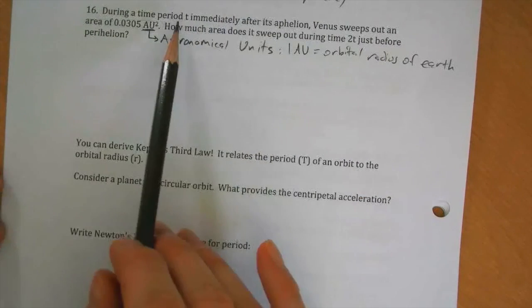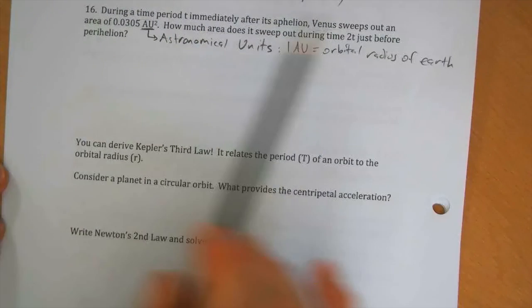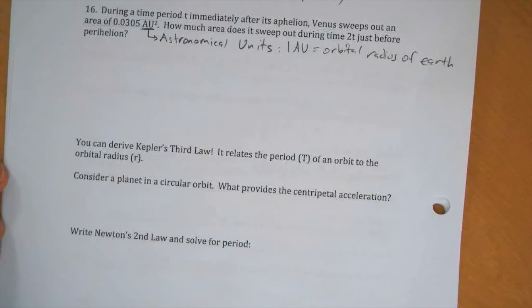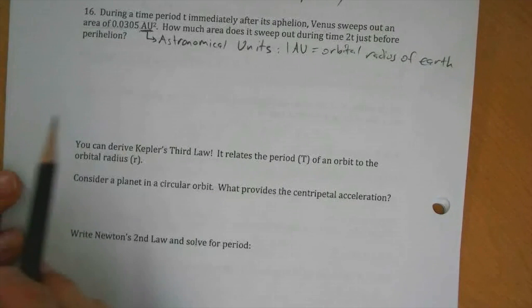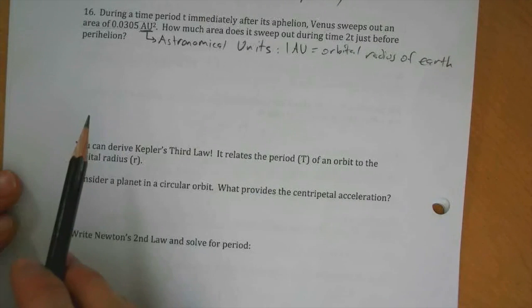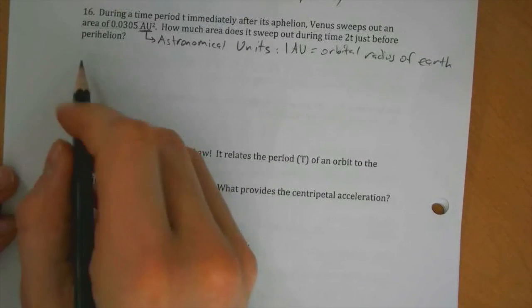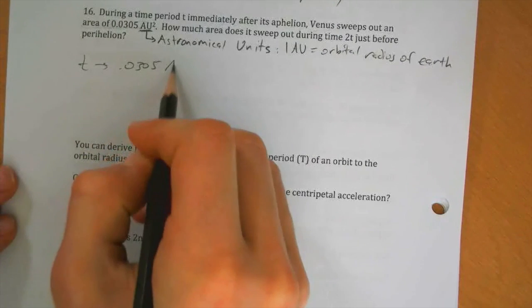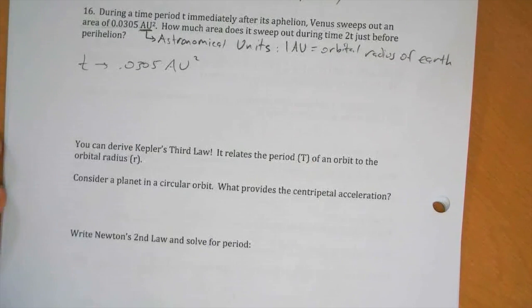So during a time period t immediately after aphelion, Venus sweeps out an area of 0.0305 AU squared. How much area does it sweep out during time 2t, just before perihelion? Well, we know Kepler's second law, equal area equals equal time. So during any time period t, we sweep out an area of 0.0305 AU squared.